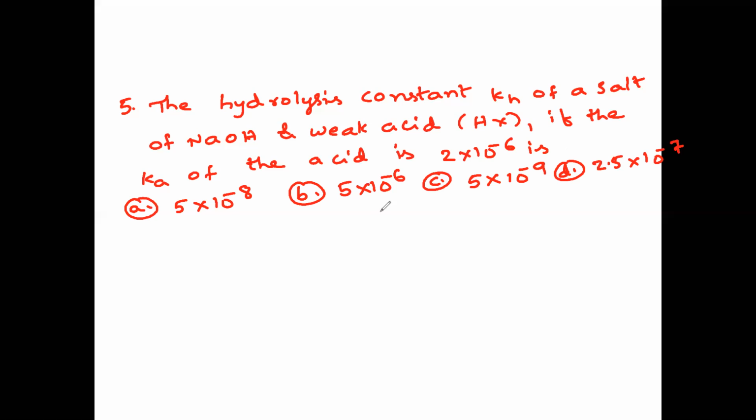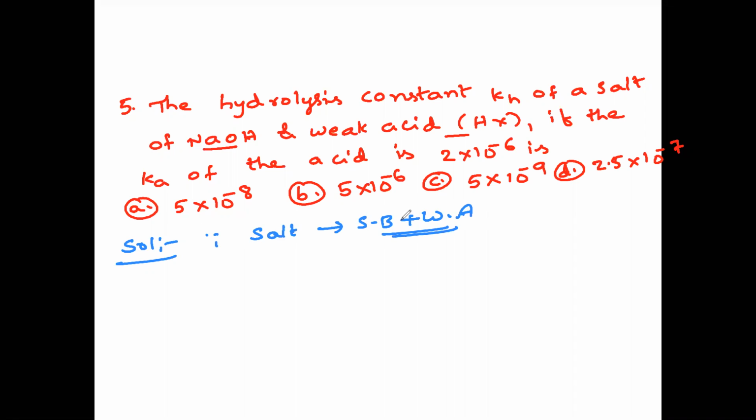So first we need to identify the salt obtained by the combination of these two. Since it is a strong base and weak acid, the salt is obtained from a strong base and weak acid. So what type of hydrolysis will it undergo?